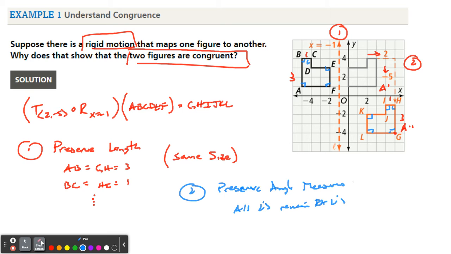So what that means is the shape did not change. They are the same shape. And if two figures are the same size and are the same shape, then those two figures are congruent. And that's why rigid motions maintain congruence between your figures.